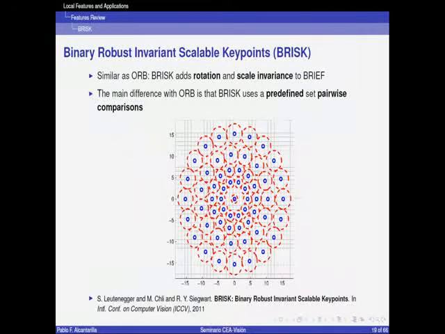A similar method is BRISK, the Binary Robust Invariant Scalable Keypoints. BRISK is very similar to ORB since it adds rotation and scale invariance to BRIEF. However, there is an important difference with respect to ORB: BRISK uses a predefined set of pairwise comparisons. For example, you can see the sampling pattern in this figure.